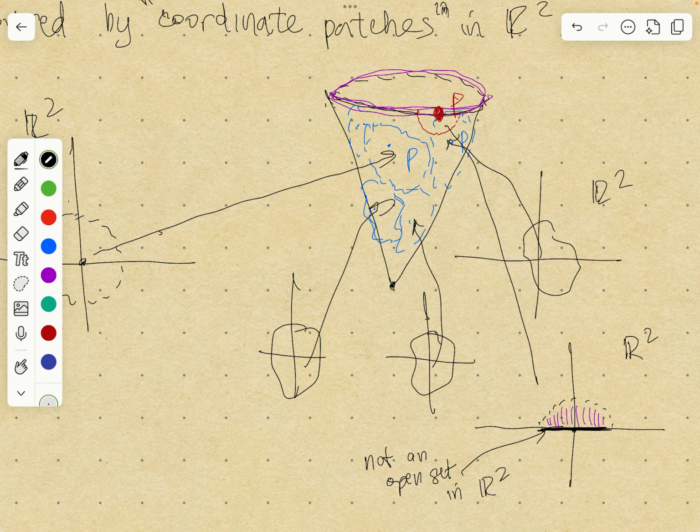Technically, when I'm looking at these patches, since I'm looking at open sets, I really should have made these dotted, because I'm not including the boundary. So open sets. Okay. This one's an open set in R2.